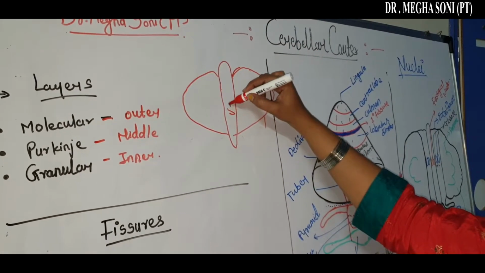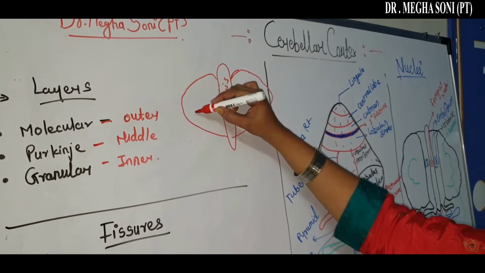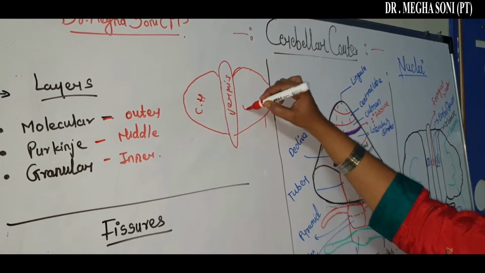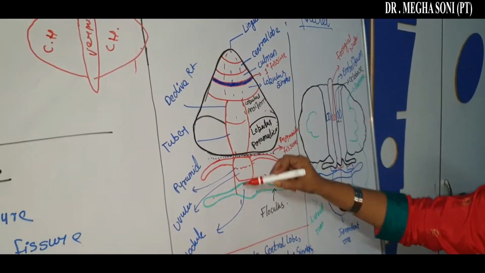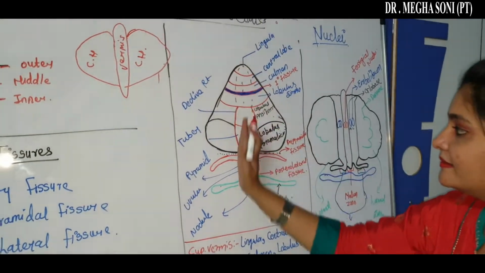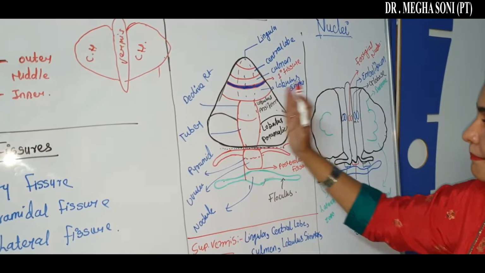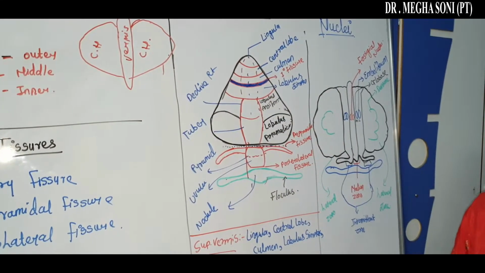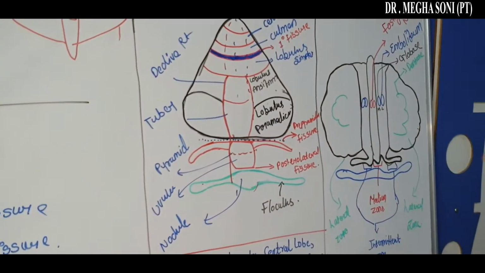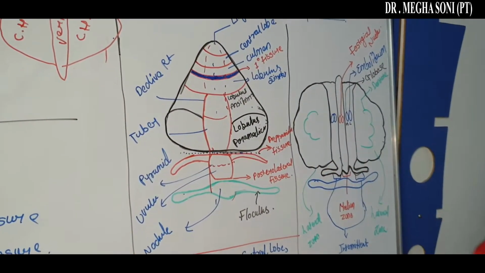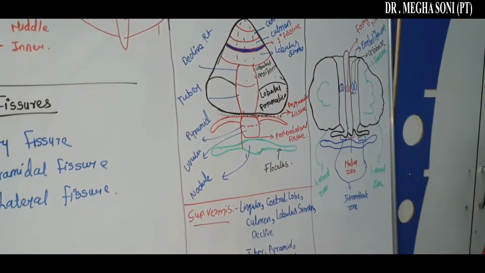Fine. So this is vermis and these are cerebellar hemisphere. So the whole central portion is vermis, and this peripheral parts are the parts of cerebellar hemisphere. Fine. So vermis divides into two parts, superior vermis and inferior vermis.